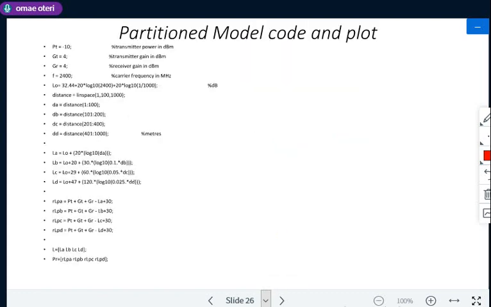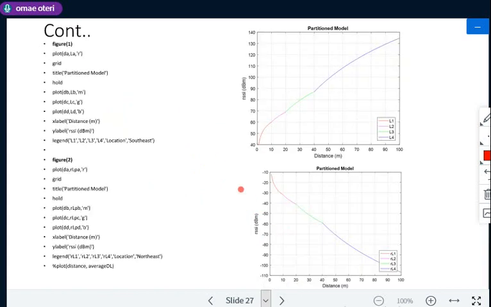And then they give us, okay, from the MATLAB code, which is generated from that formula, and the graph will actually appear like this. So that will be the graphical representation for the partition model. You can see there are actually four of them. One, two, three, four. And then this will be the received signal.